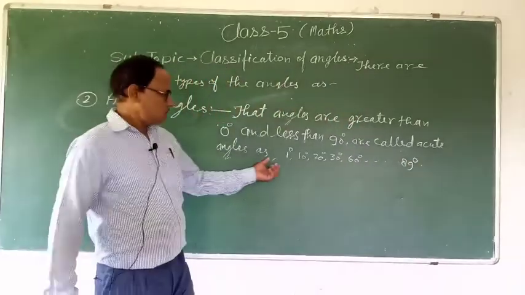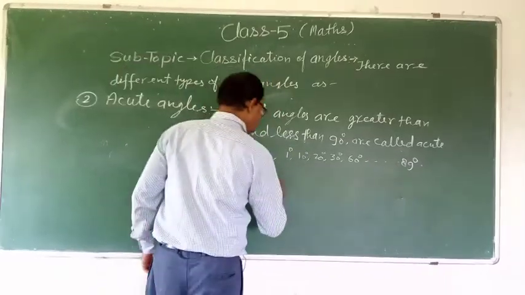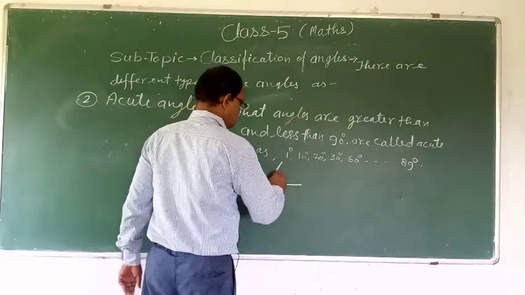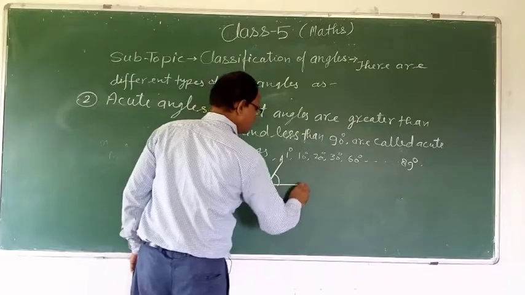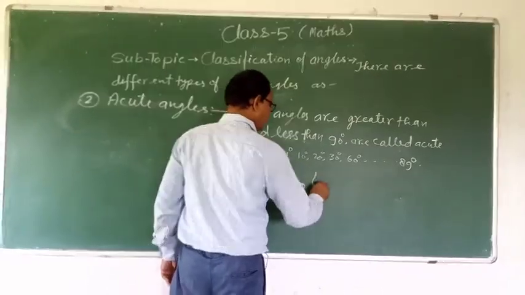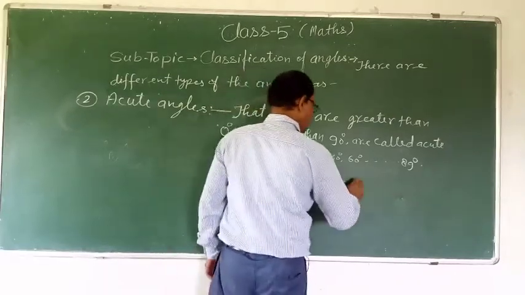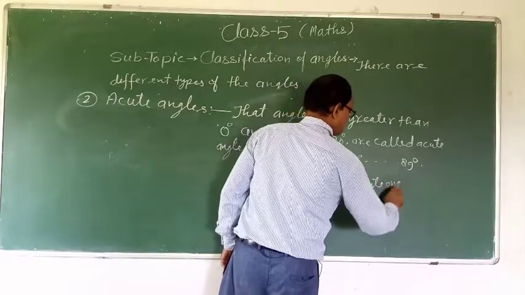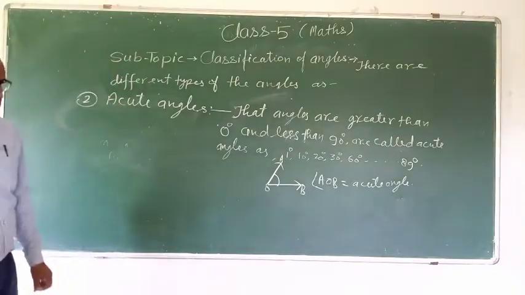So these types of angles are known as acute angles. The symbol of the acute angle is as shown. This is the acute angle. Here angle AOB is an acute angle. Okay, students.